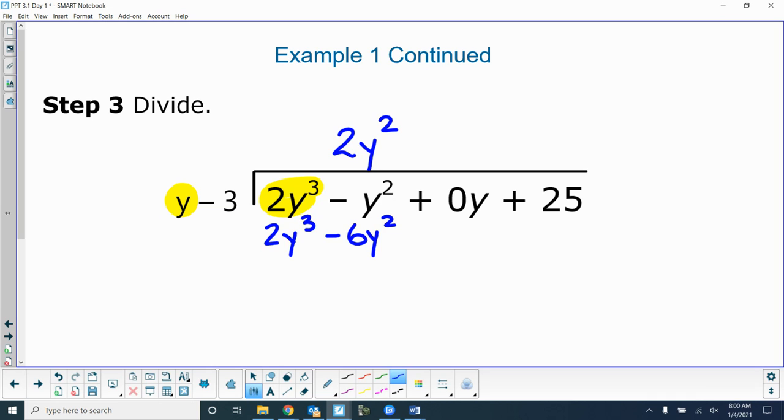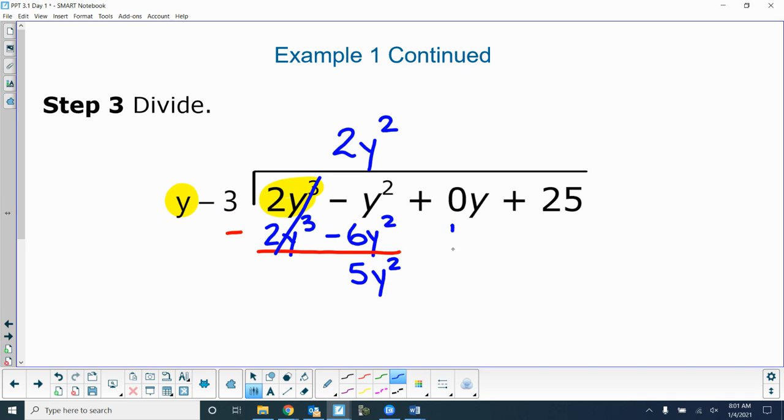At this point, I subtract. 2y cubed minus 2y cubed, they'll cancel. That's what you want to happen. Now be careful here. What's negative 1 minus a negative 6? What's minus a negative? Addition, right? So that's negative 1 plus 6, which would be 5y squared.